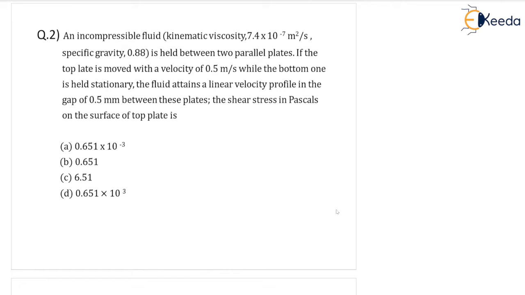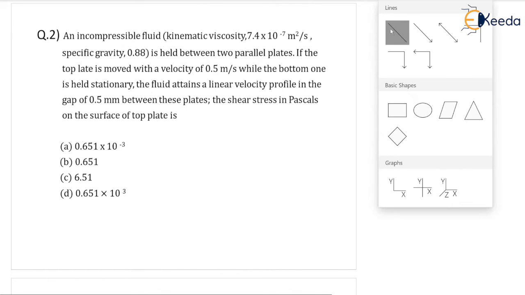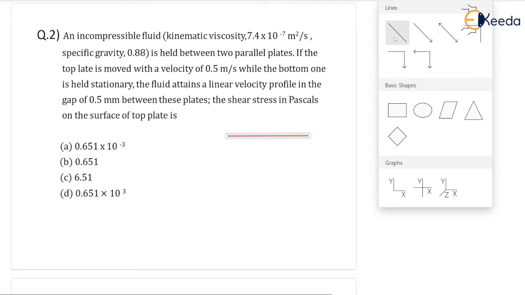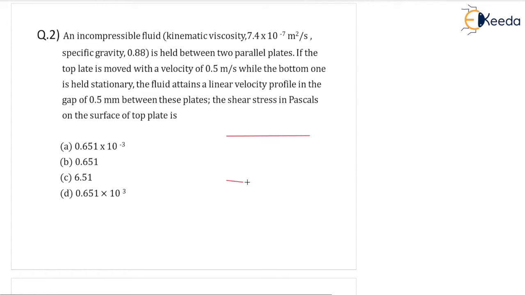Correct. So we'll draw the diagram first, and then we'll write the given data. As you can see from the question, it is a question on viscosity and two parallel plates. So we'll draw the two parallel plates and the linear velocity profile between the two plates.